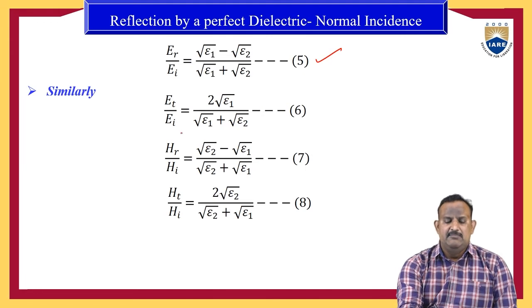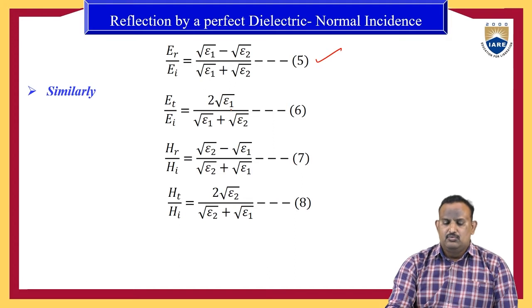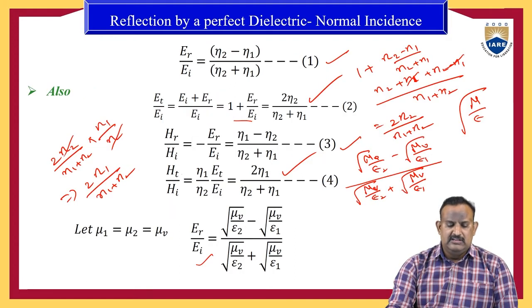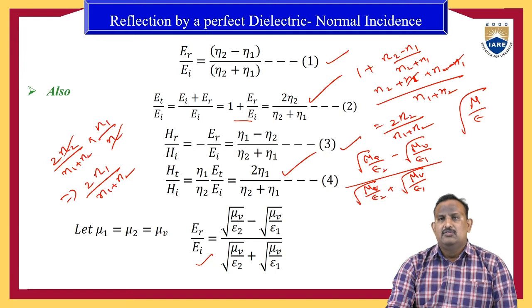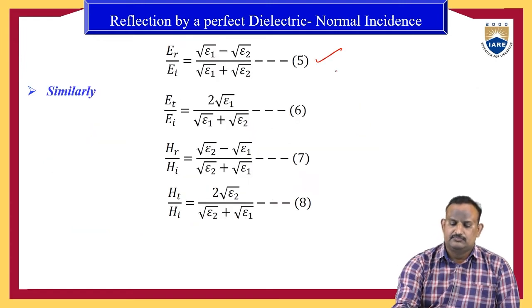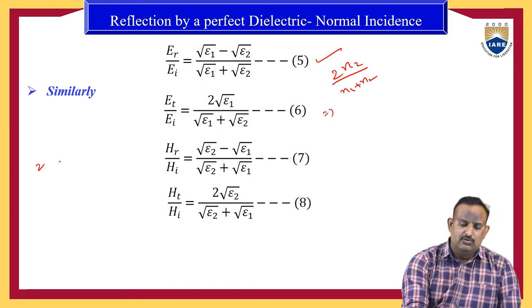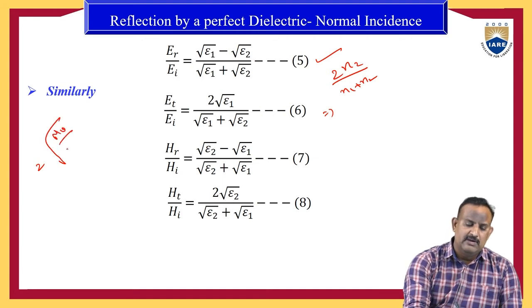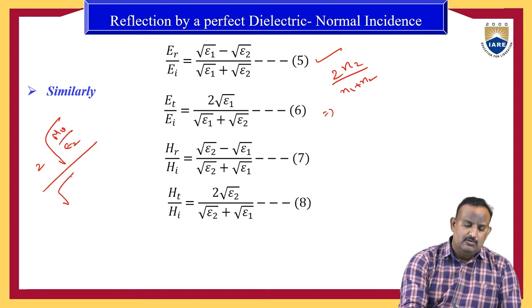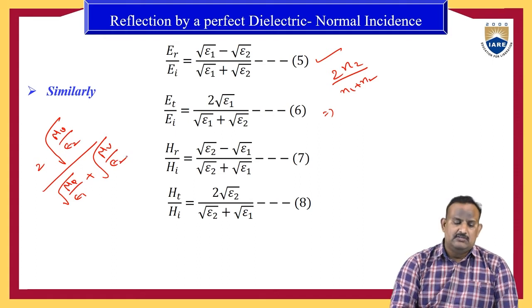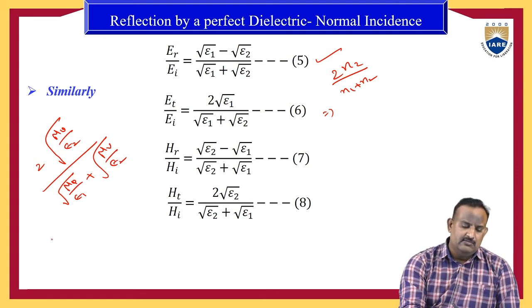Similarly, we can find ET by EI, which is equal to 2 eta 2 by eta 1 plus eta 2. Therefore, we can write 2 into root of mu v by epsilon 2, by root of mu v by epsilon 1 plus root of mu v by epsilon 2. We can take mu v common in the numerator and denominator and cancel it.